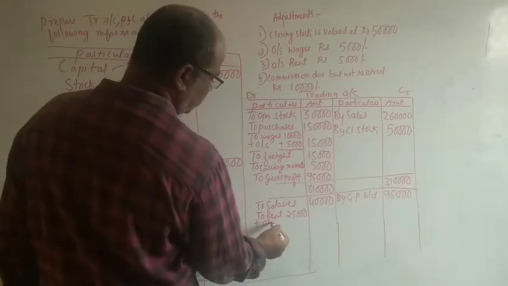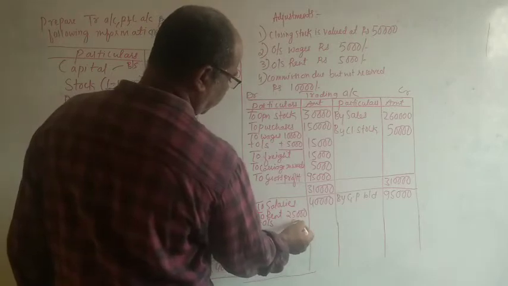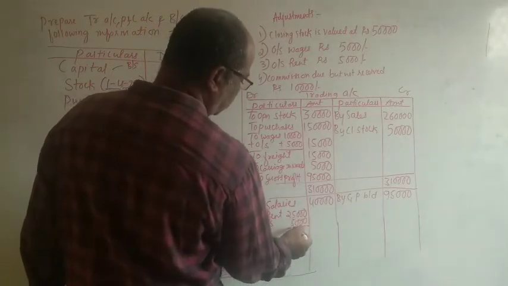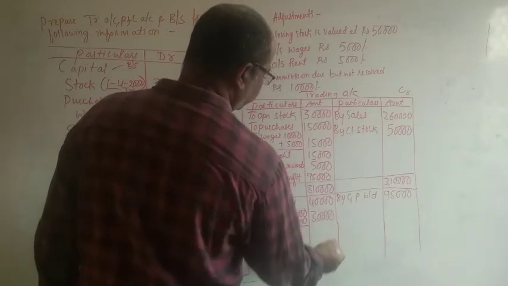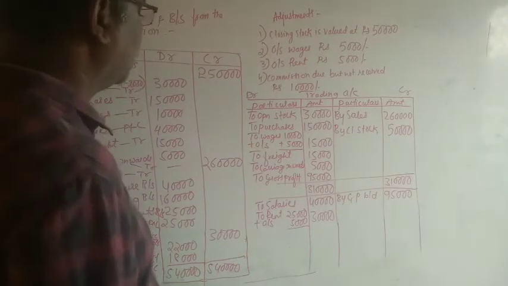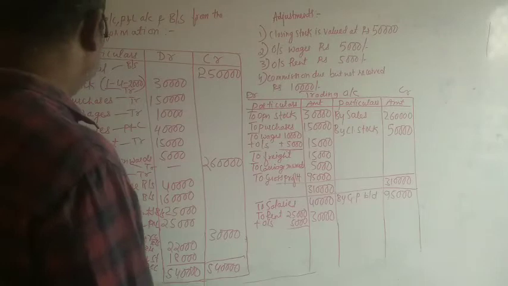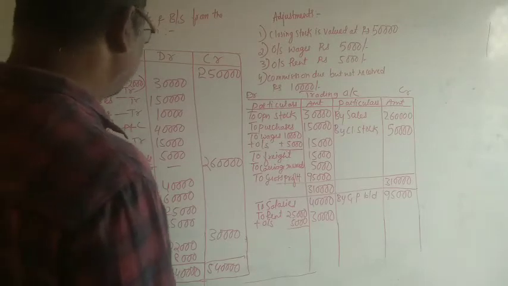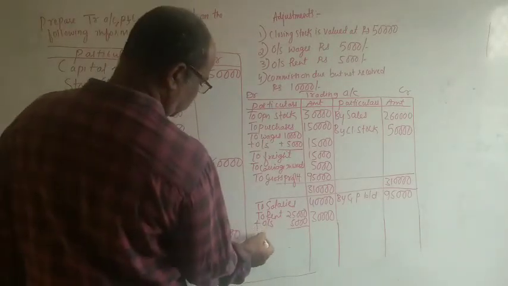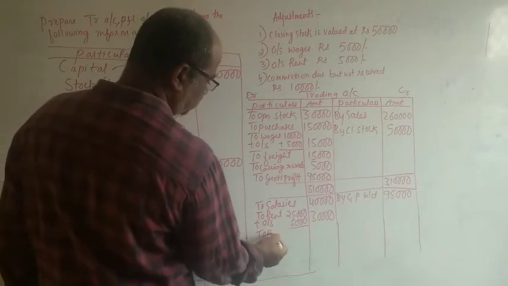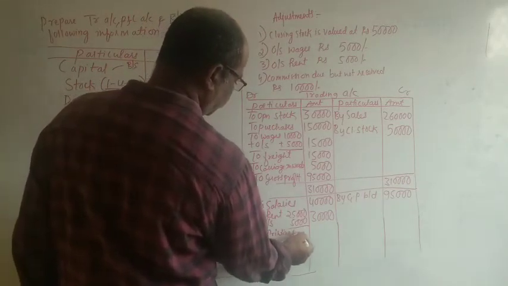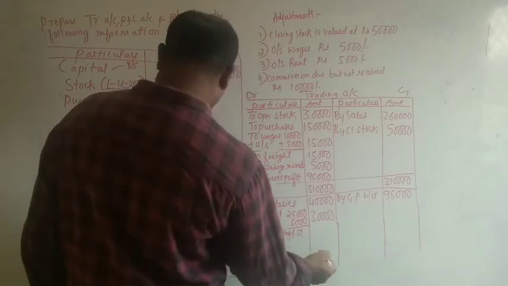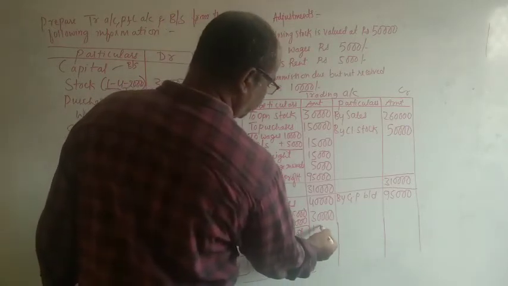Outstanding means not yet paid. Rent is due, but you have not paid it. Since it concerns this year, we should consider that also as expense, because we are accounting on accrual basis. Next, printing and stationery 18,000.